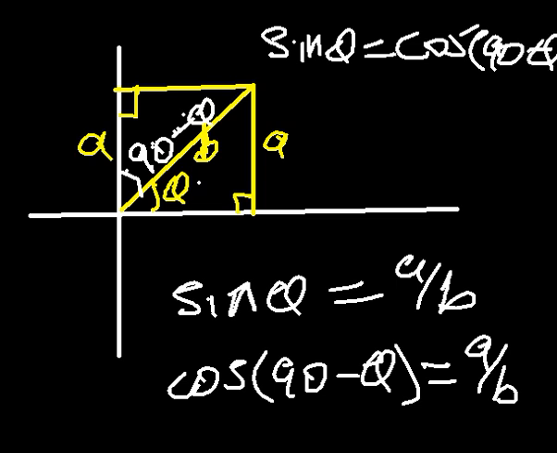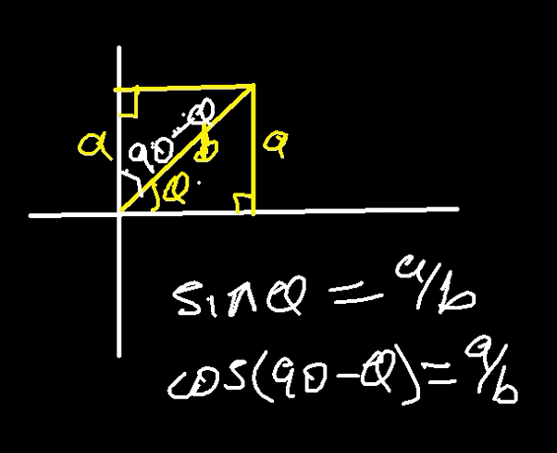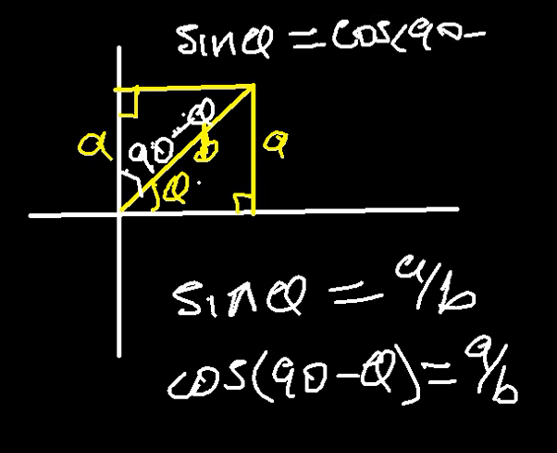Let me take it back. So we have sin theta is the same as cos of 90 minus theta. And this is also true if we have, let's say, cos of theta.